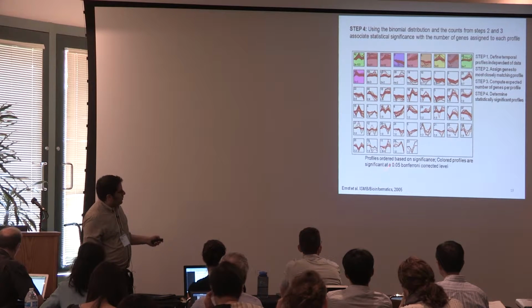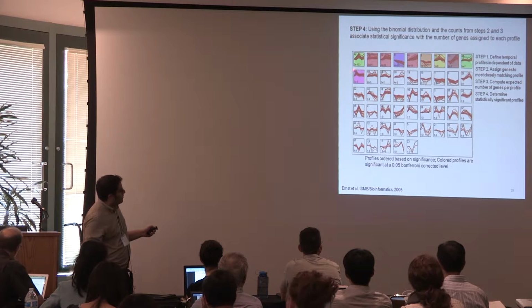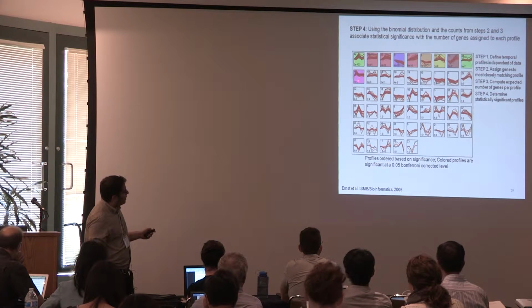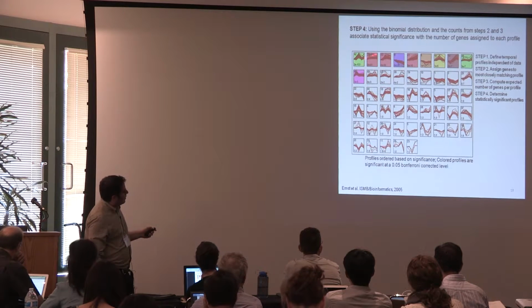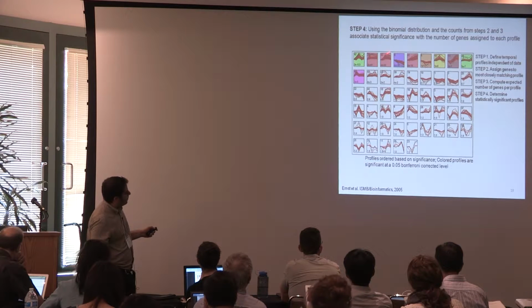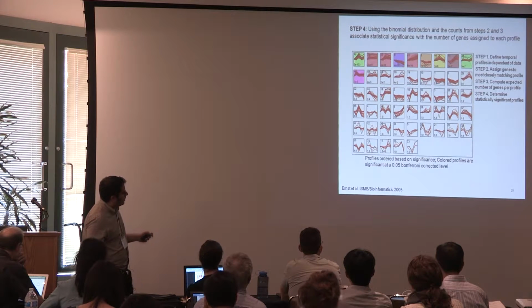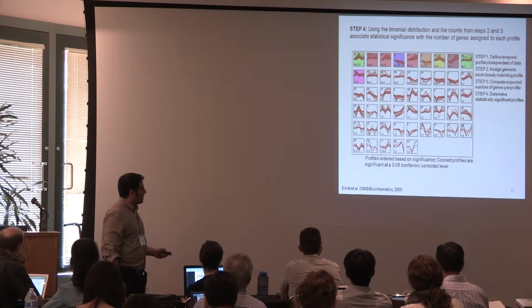We can do a standard binomial test to associate a p-value with the number of genes assigned to a profile compared to how many were expected. I've colored those profiles which were significant, and there's a p-value in the bottom left corner. And then we can do a post-processing step where we group similar significant profiles and give them the same color.